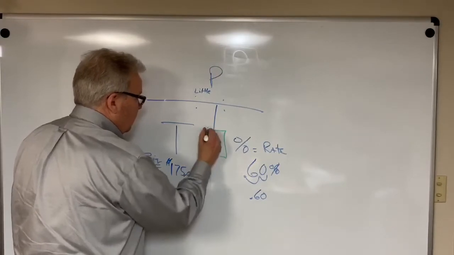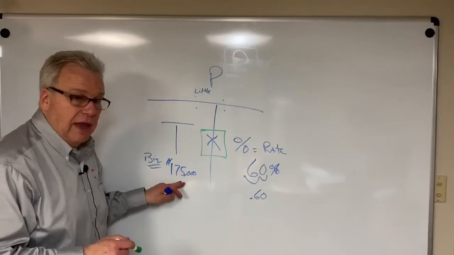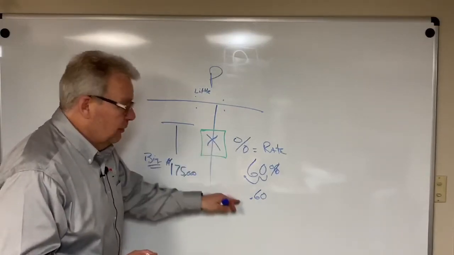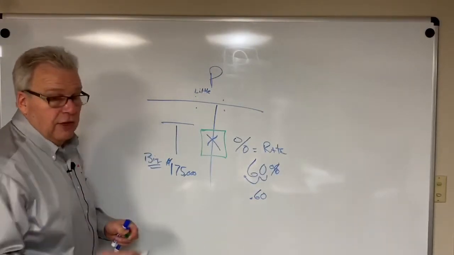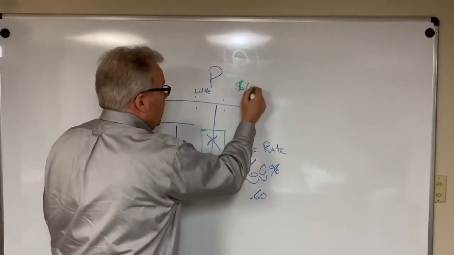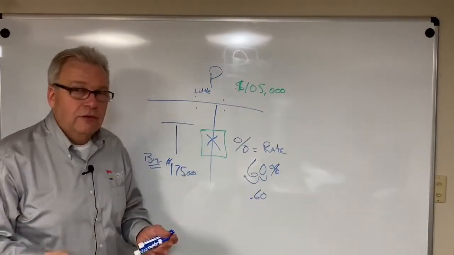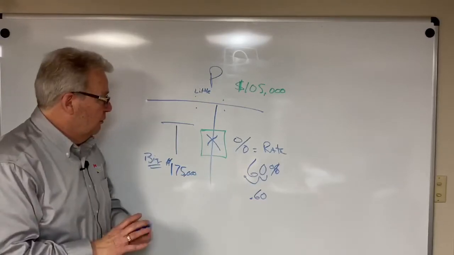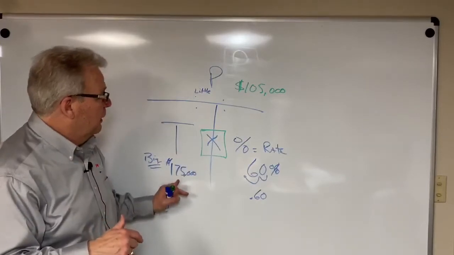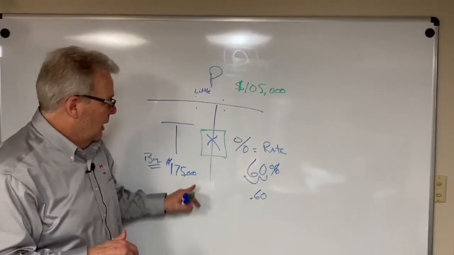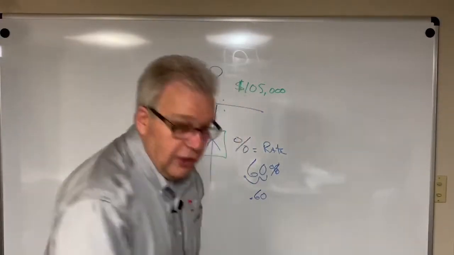Our math says we need to multiply. So 175,000 times 0.60 gives us $105,000. So don't make these too challenging or too difficult. Just use this T problem. Think in your head, where does the bigger number go or the smaller number go? And then you can solve those, okay? Good job.